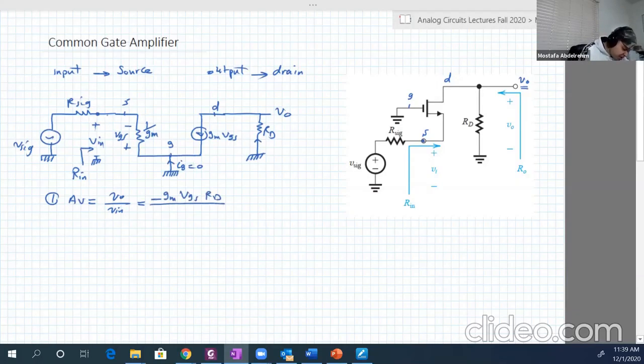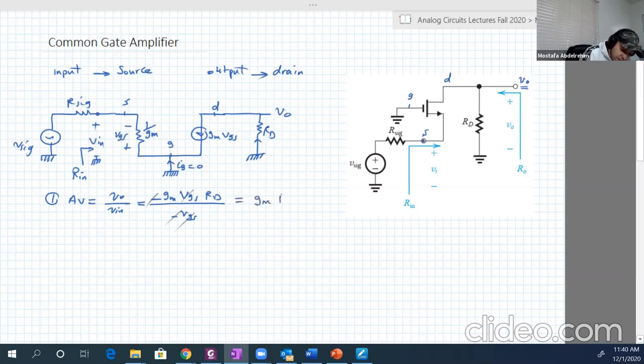And V input is just equal to the source gate voltage in that case, so it's minus VGS. Remember, VGS is positive at the gate, but V input is positive at the source, so it's opposite. So minus will go with the minus, VGS will go with VGS.